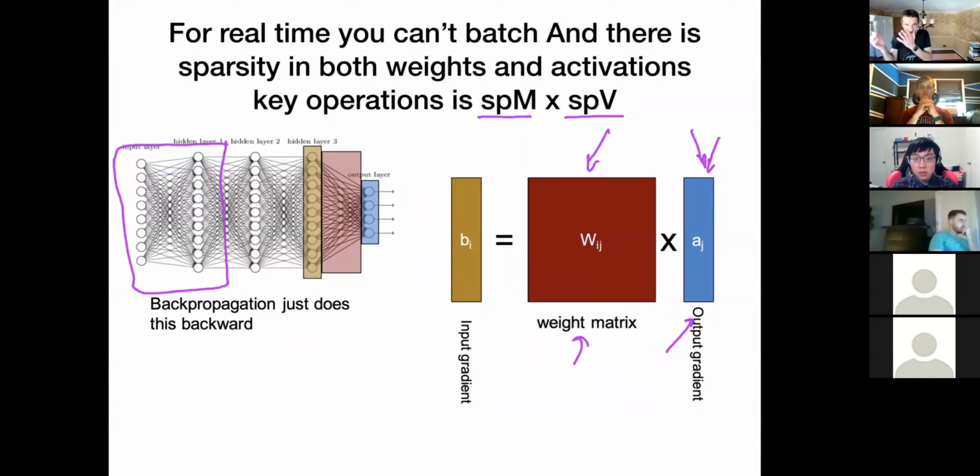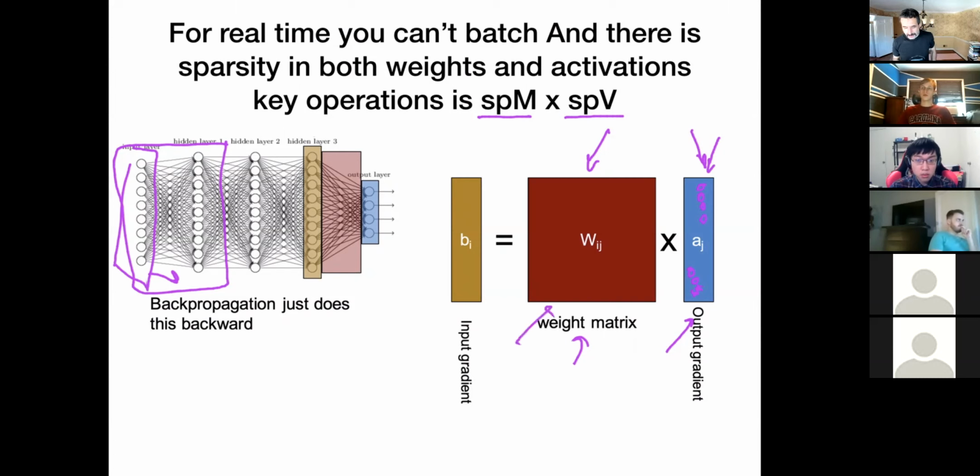So for one image, maybe the zeros are here. For another image, the zeros are somewhere else, because of the way that the information passed through. It came from here, passed through here. So you get the sense, right? The locations of these zeros are different.